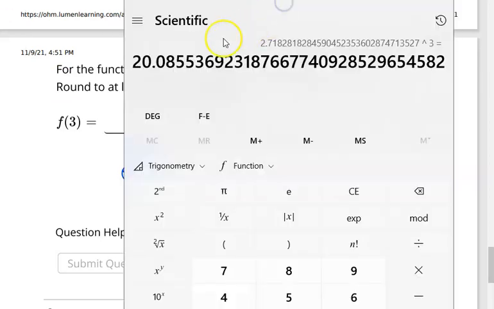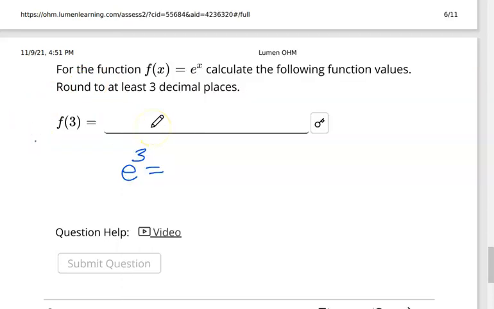Oh, 20.086 because that 5 would round up to a 6. So 20.086 if it's 3 decimal places. If I'm rounding to a different number of decimal places, then it would be a different number.